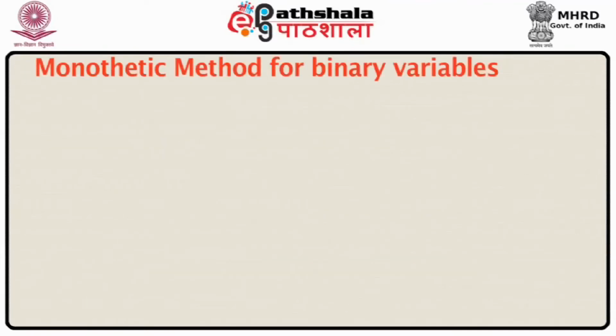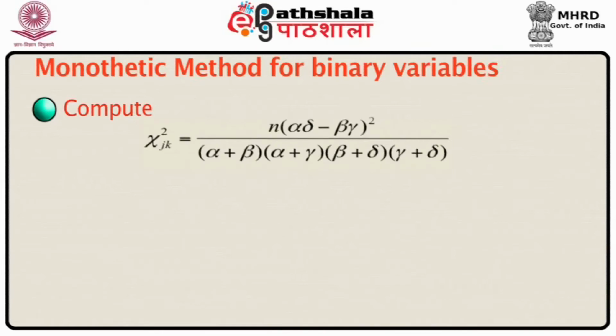Based on this table, we next compute what is referred to as a chi-square. This is a chi-square computed on the 2 variables j and k. The numerator gives us n times (alpha delta minus beta gamma) squared, and you can see that the denominator is basically the product of the 4 marginals.